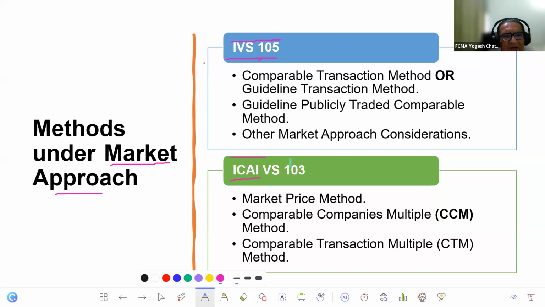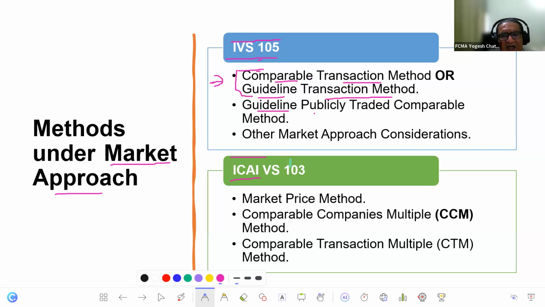Under the market approach in the international valuation standard, we have the comparable transaction method, also known as the guideline transaction method. Based on the details of comparable transactions, we can derive the value of the target asset or the subject asset. So that is the comparable transaction method.